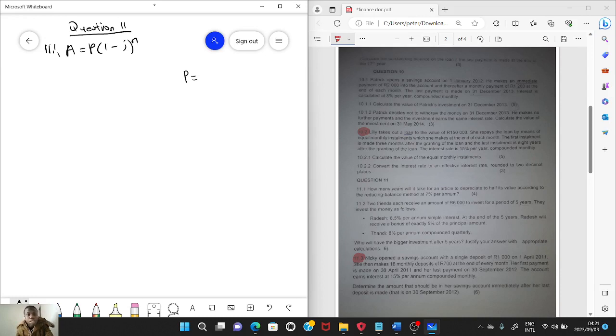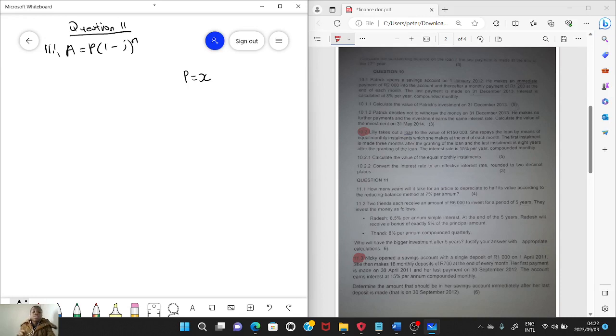No. Therefore, we make it x. They're saying how long will it take? The moment they say how long, we are looking for the n, right? The article loses value to half its price.